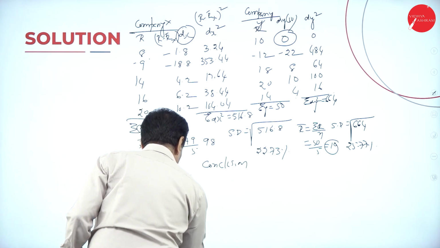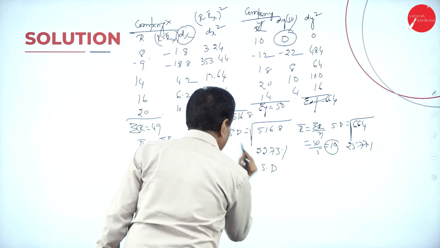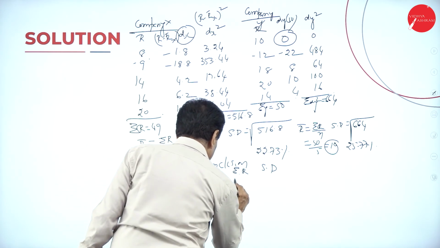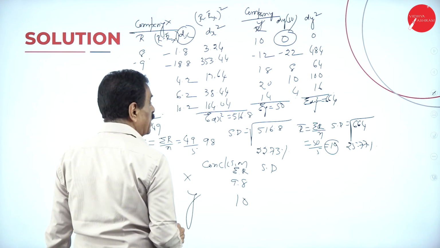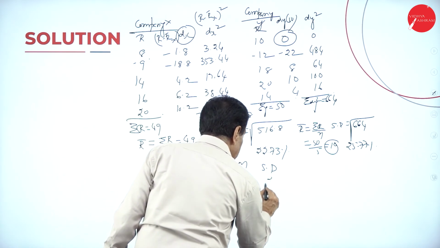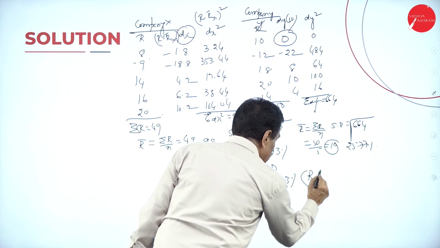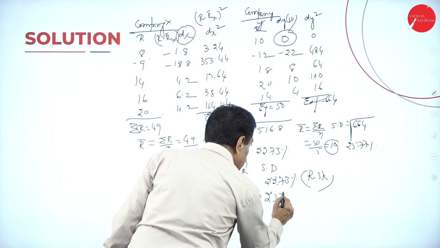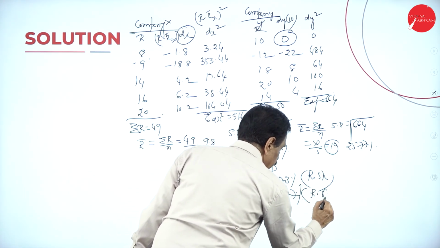X, Y, expected return, standard deviation. Expected return of X is 9.8, that of Y is 10. Standard deviation is 22.73%. This is nothing but risk. This is 25.77%. These are also risk.